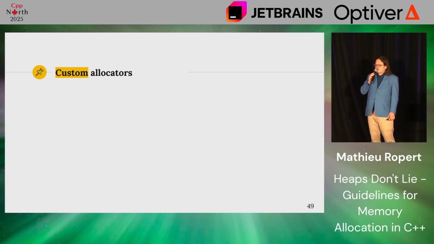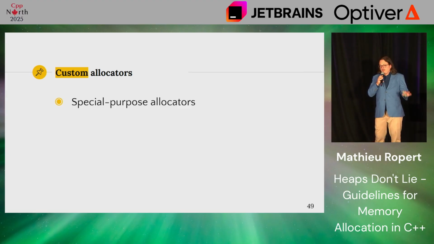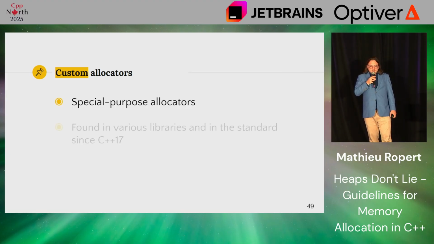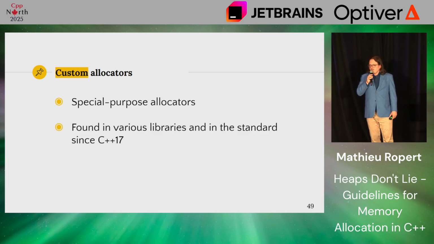Instead, you should look at custom allocators. That's the part where I'm not going to talk too much, because there are much better talks about allocators. You can have special purpose allocators. Basically, instead of calling malloc, you can call your own custom allocator, which either uses a different allocation strategy or has a pool reserved for itself.